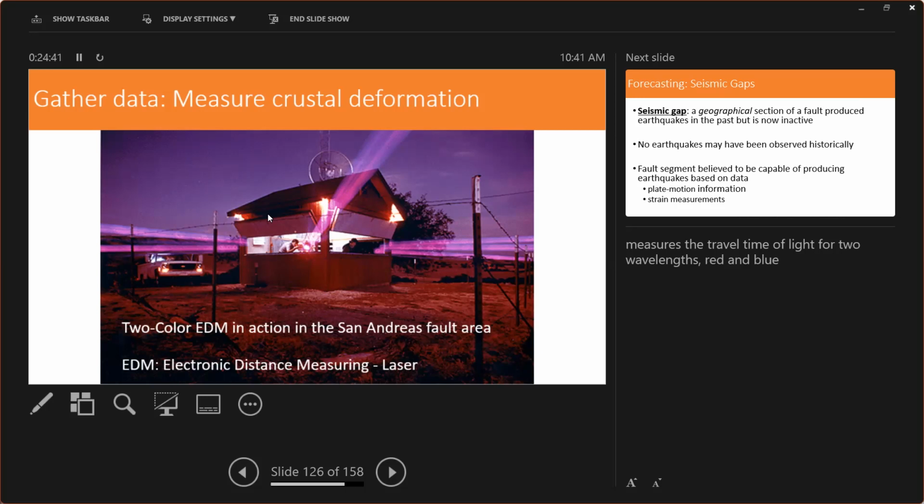And as you can imagine, as those movements are happening, as those plates are sliding past each other, as they're pulling apart, that distance is going to change. Since it's happening at the millimeter scale, we can't see it with our eyes, but this laser is delicate and definite enough to pick up those really, really small differences in measurement.